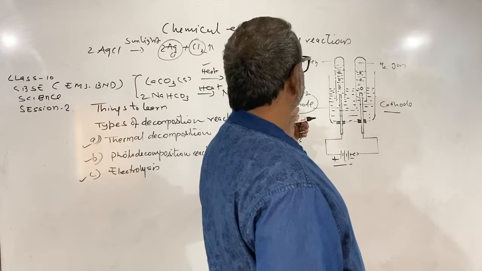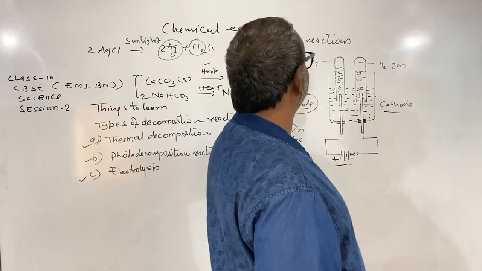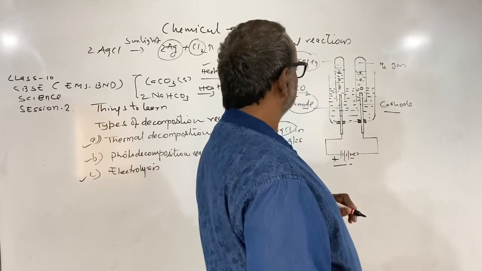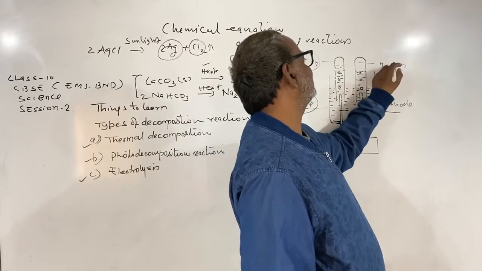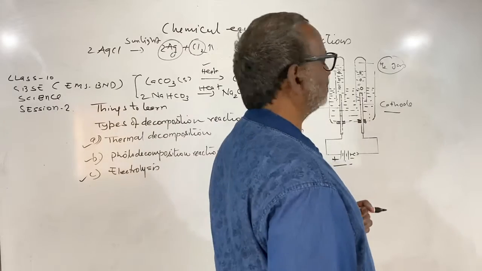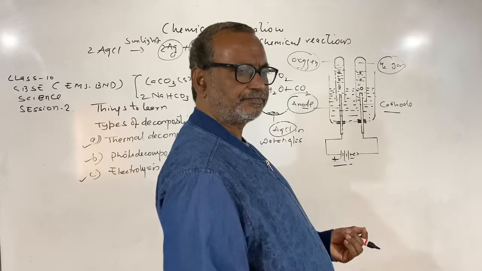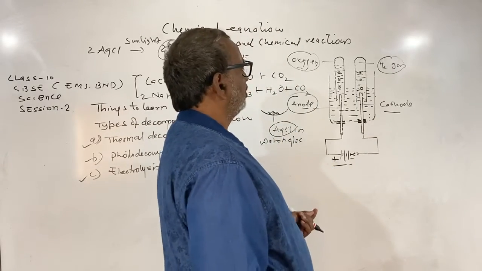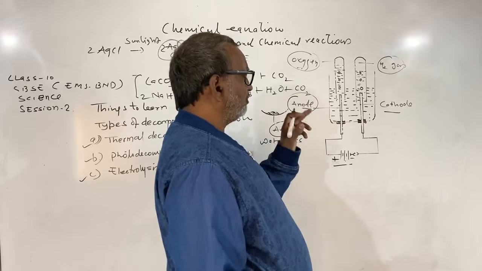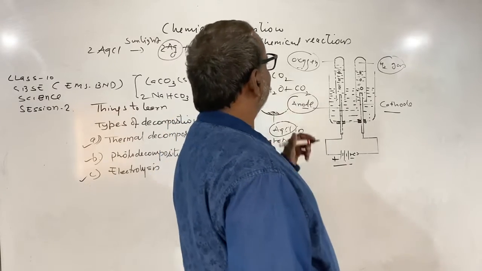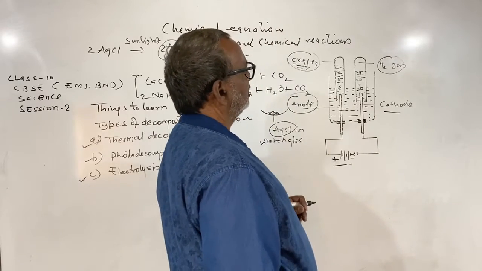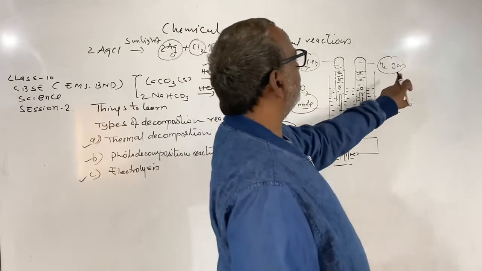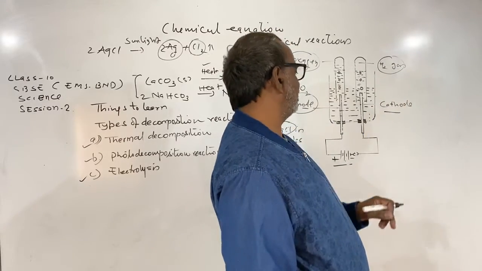The gas which is collected at the anode is detected to be oxygen, and the gas which is collected at the cathode is detected as hydrogen gas. You will observe that the volume of the oxygen collected at the anode is just half the volume of the hydrogen collected at the cathode.